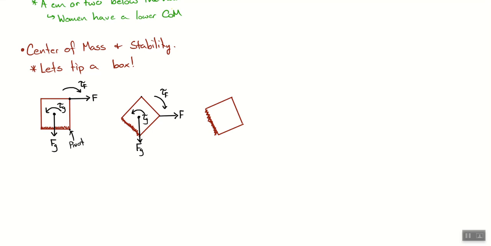So looking back at this, we're still applying this force, or we don't have to be, but we may as well, which is producing a torque going in this direction. And I do want to highlight that, just recall that this is in fact a negative torque because it's turning in the clockwise direction. Now, in this situation, something is fundamentally different.